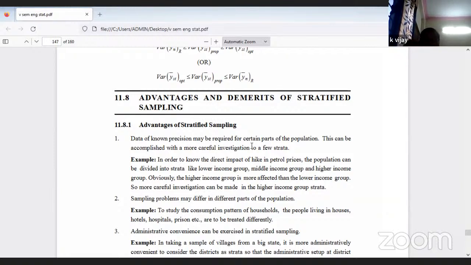Sampling problems may differ in different parts of the population. To study the consumption pattern of households, living houses, hotels, hospitals.